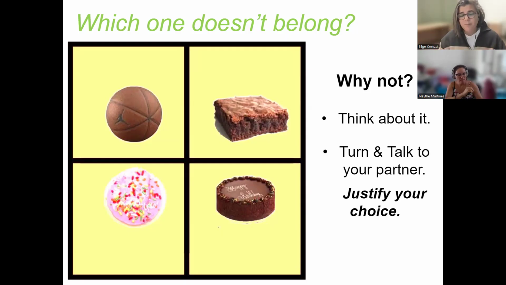But it could be a high ceiling activity too, because the things that you're noticing could be really, really complex. For example, in your case, your noticing was complex. That these are all curvy, and this one is not, and that requires geometric knowledge, right?